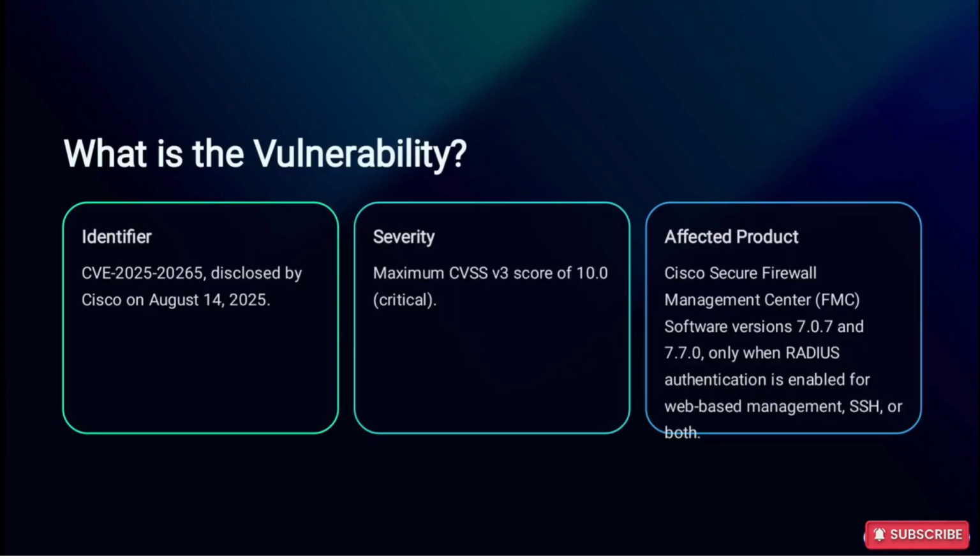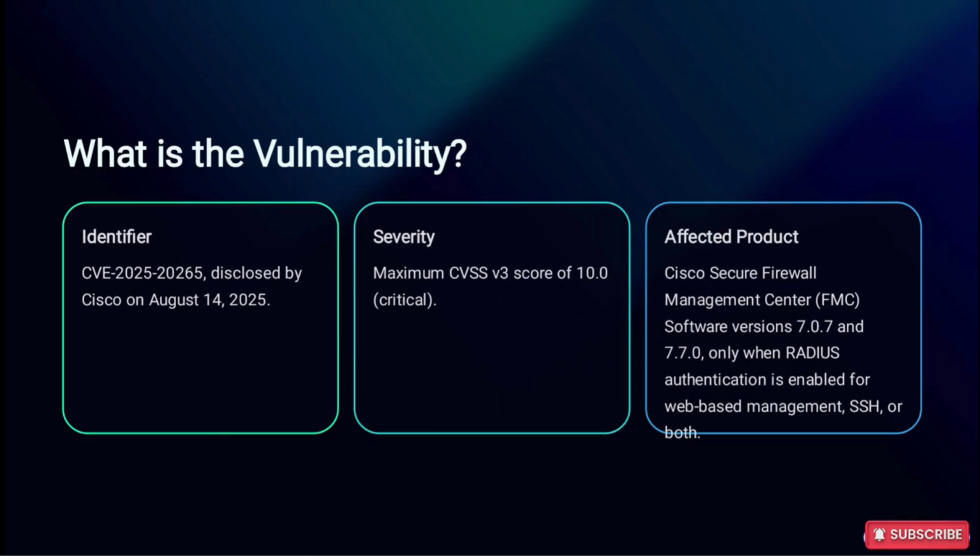Proceeding further, what is the vulnerability all about, and how does it work? First is the identifier. What has been identified here is CVE-2025-20265, disclosed by Cisco on August 14, 2025. The severity is ranked at the maximum CVSS v3 score of 10.0, which is highly critical.